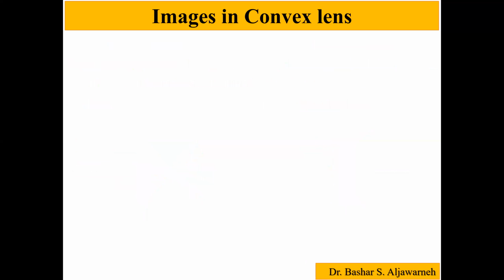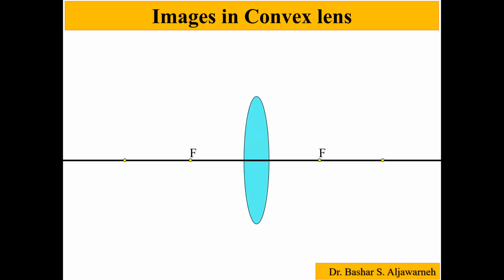Now, how can we use the convex lens and concave lens to form an image? In general, let me take a convex lens. This is my lens, and this is the main axis. This lens has a real focal point.